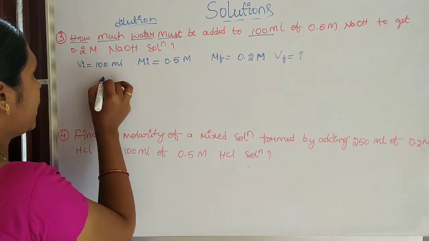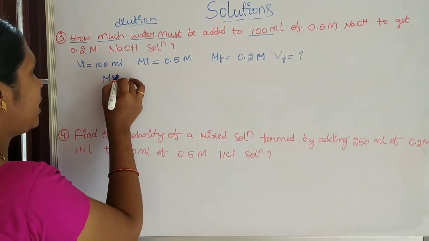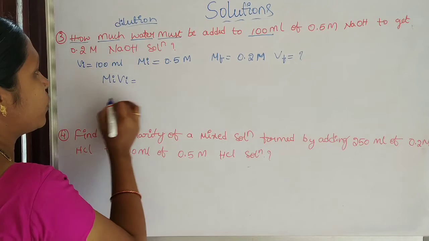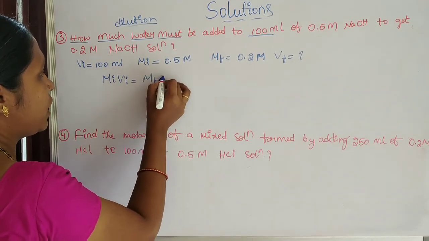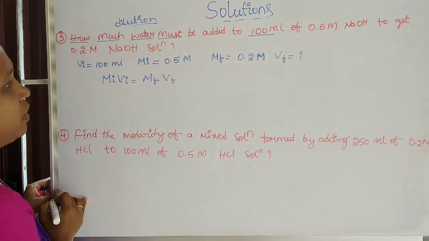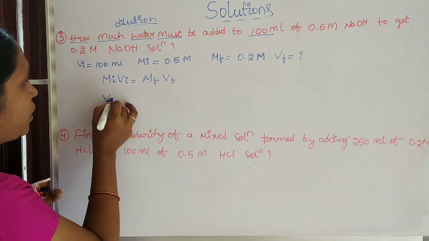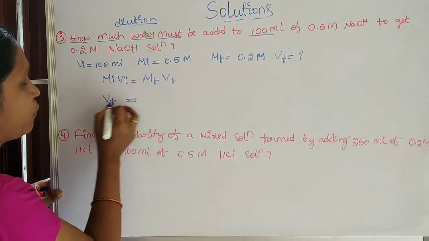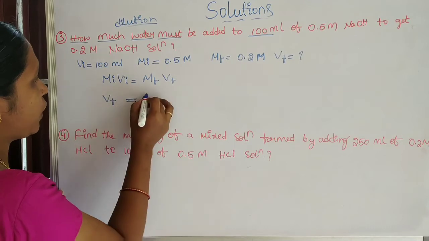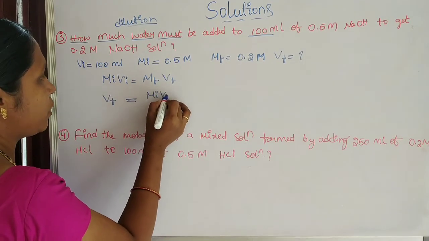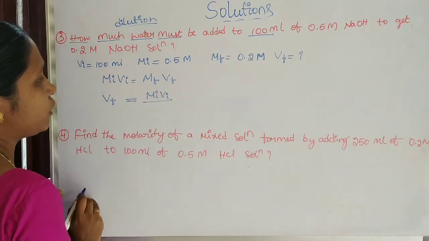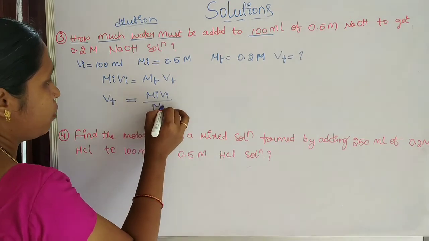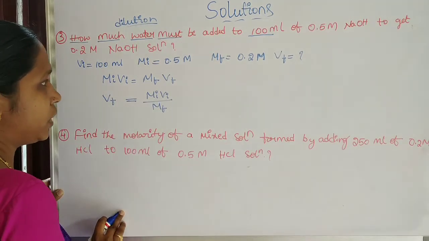See the formula, write the formula. Molarity initial into volume initial equals molarity final into volume final. Here, write the formula for volume of final. Volume of final equals molarity of initial into volume of initial divided by molarity of final.